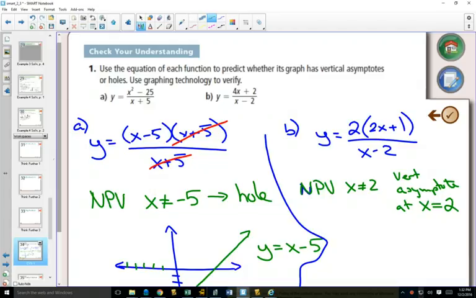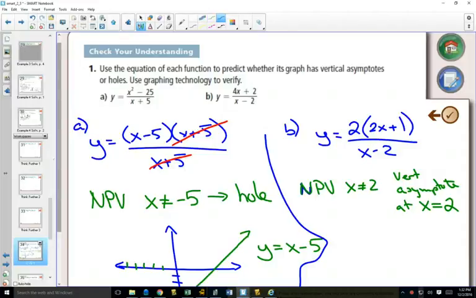Notice notation. It's easy to mix up notation. When you're writing the equation of an asymptote, it's an equation with an x equals. When you're stating a non-permissible value, you say x can't equal 2.